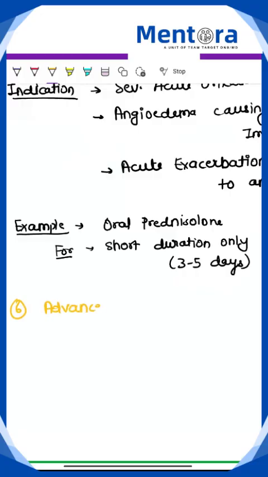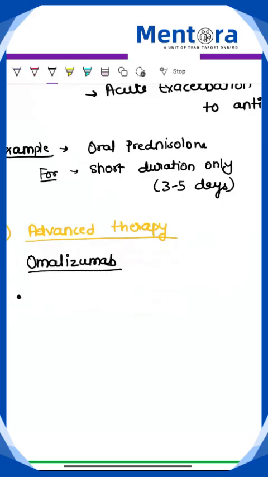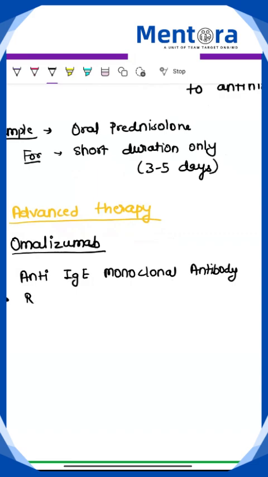Advanced therapy: we use omalizumab. This is an anti-IgE monoclonal antibody, and this is reserved for refractory cases.